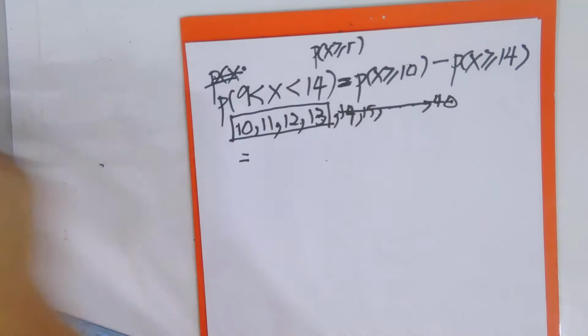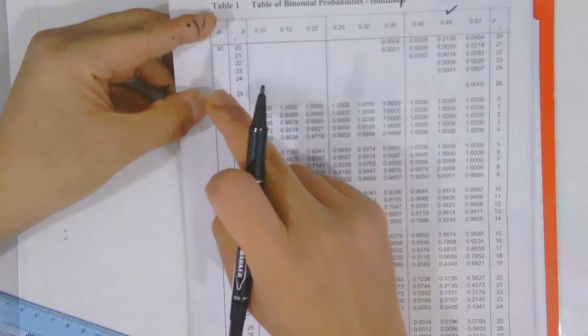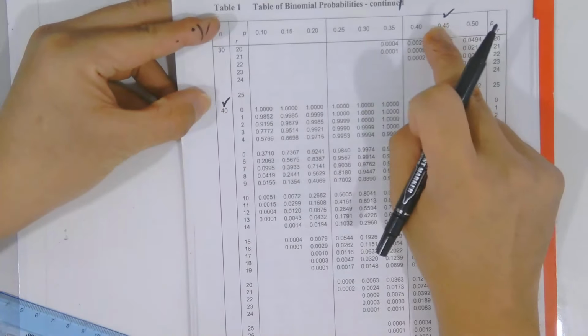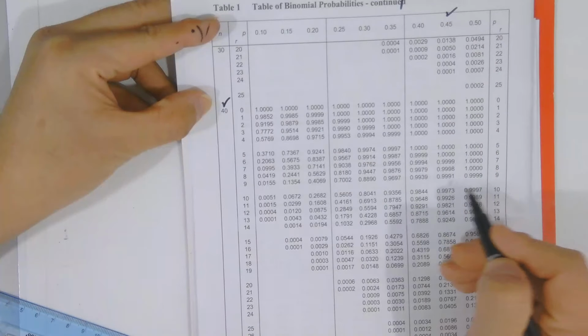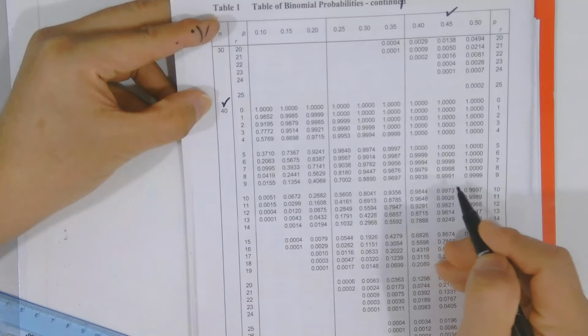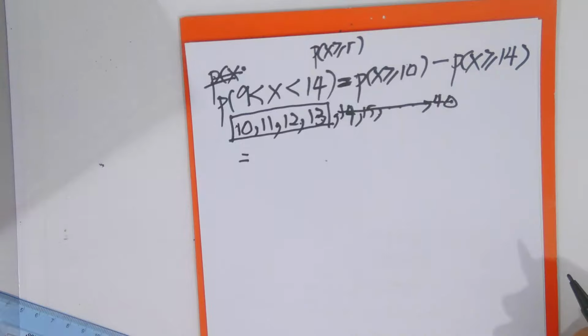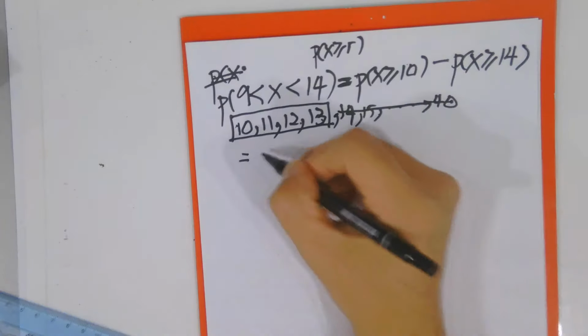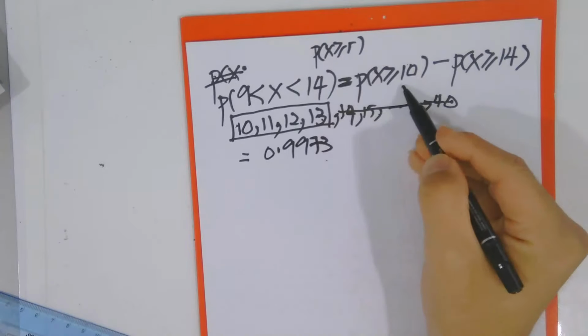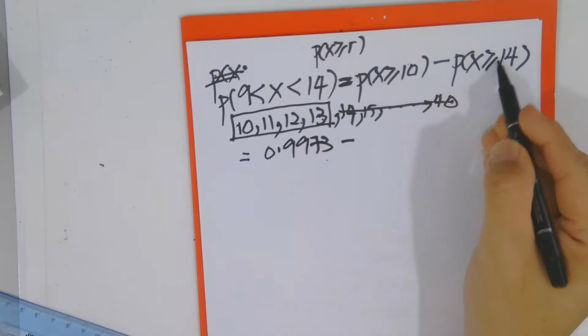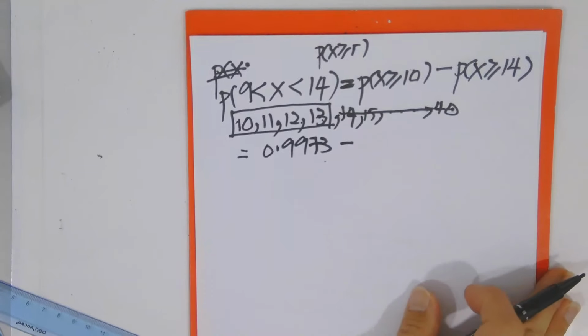So how to get the value here? You can read from the statistical table. Same thing, 40, 0.45. So where is the value of 10 here? The value of 10 here is 0.9973, right? 0.9973, at least 10, minus away at least 14.